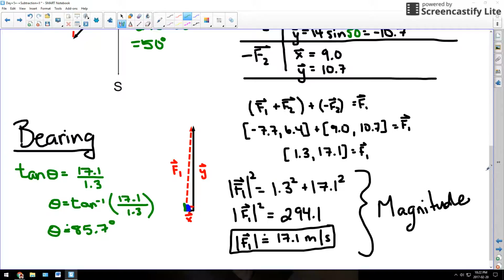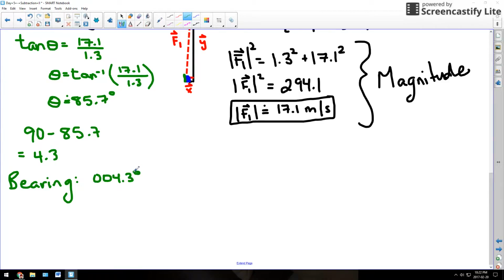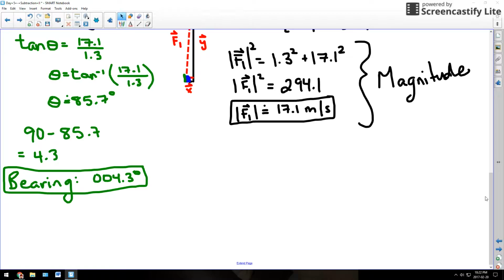So remember, we need to subtract from 90, and we have our bearing: 4.3. As a bearing, remember, it needs to be three whole number digits. So that would be 004.3 degrees. There we go.